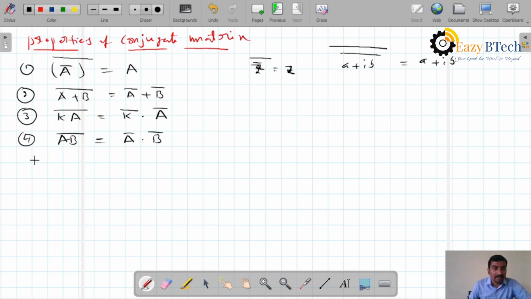These are the properties of conjugate matrix. Now come to the transpose of conjugate of a square matrix. This is a very important topic.